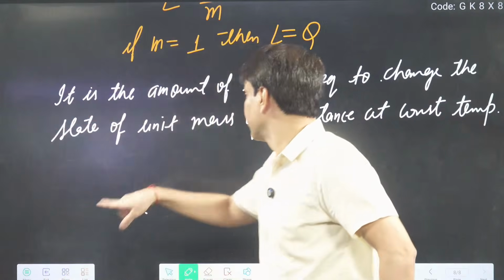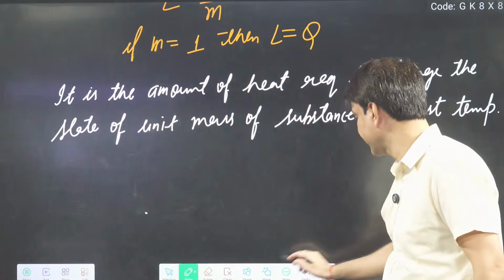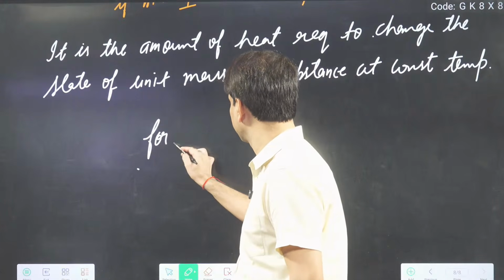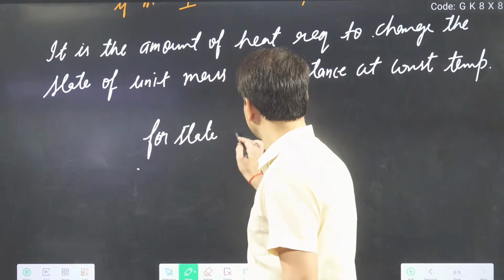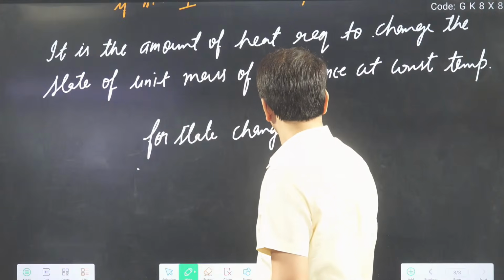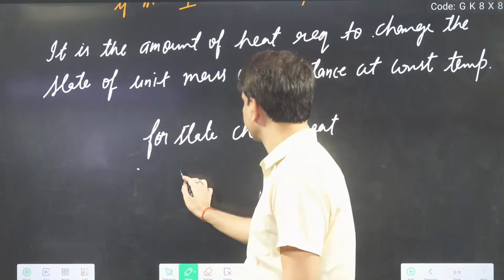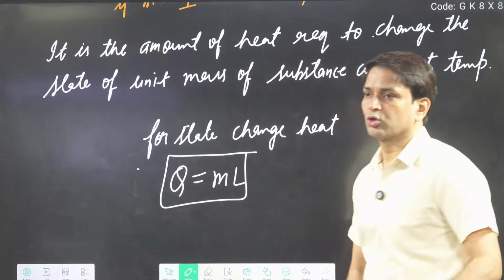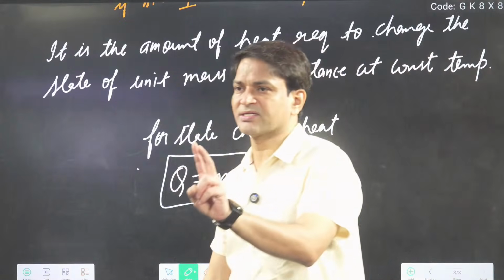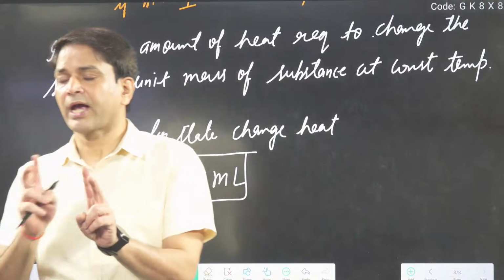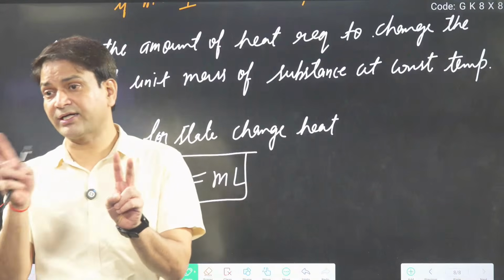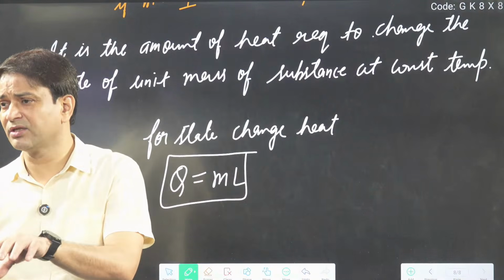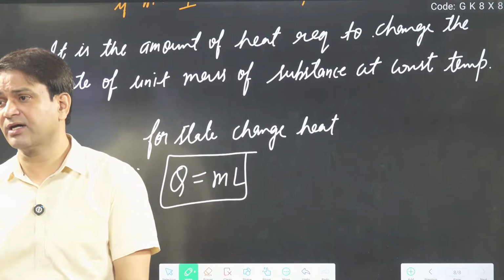So from this latent heat definition, what is Q? For state change, heat Q is equal to M into L. So two heats we have learned: one is m s delta theta, one is m L. We write m s delta theta when the temperature of the substance is changing by delta theta. So for a temperature change, we always write heat as m s delta theta.